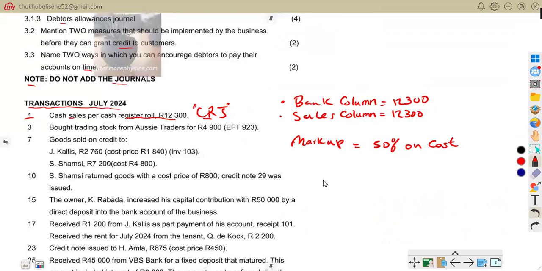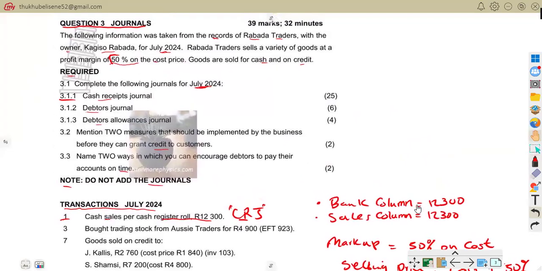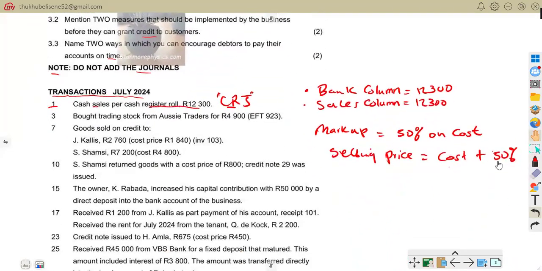Now we are going to say selling price is equal to cost plus 50%, because we have said 50% is on cost price.